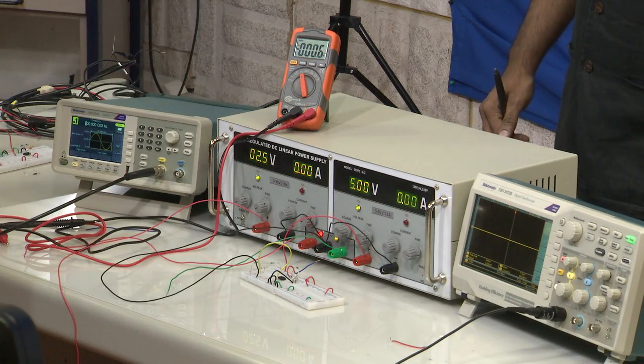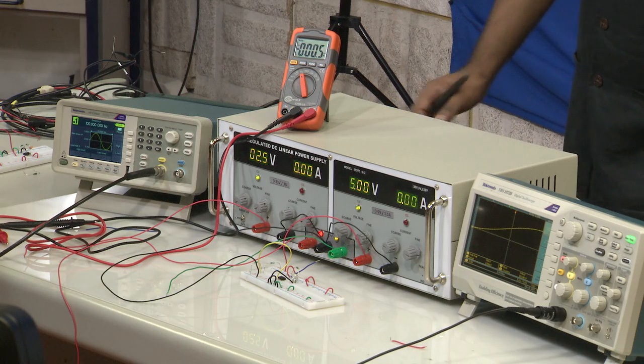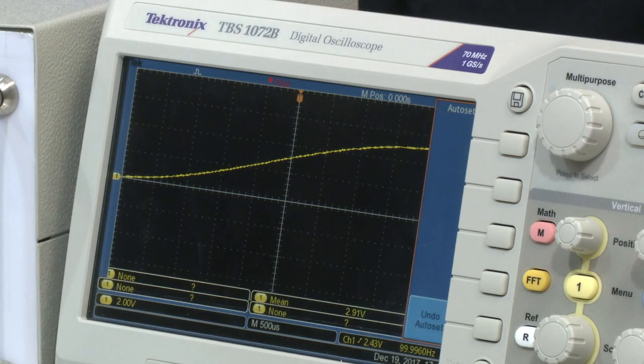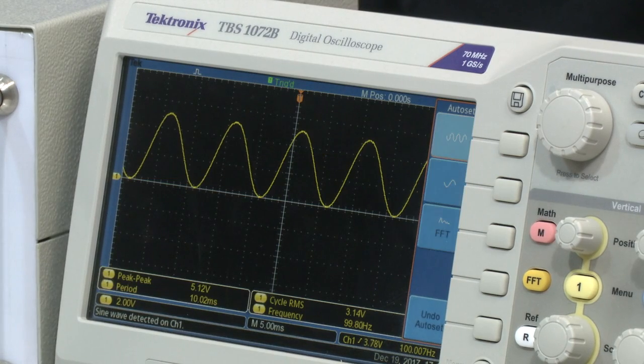Now, we will connect the signal to see whether it is 5 volts and 100 hertz or not using the oscilloscope. Okay. So, we are connecting the two probes together, and we are looking at the signal in the oscilloscope, and what we see is the voltage is 5.12 volts, right. Frequency is 99.8, about 100 hertz.